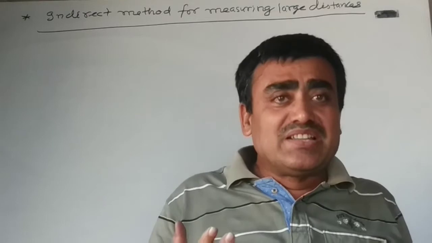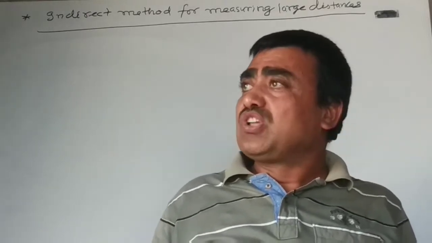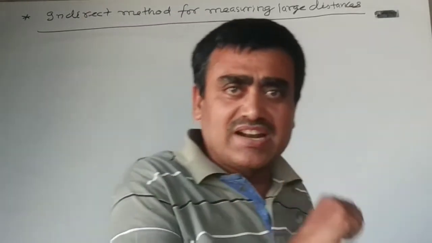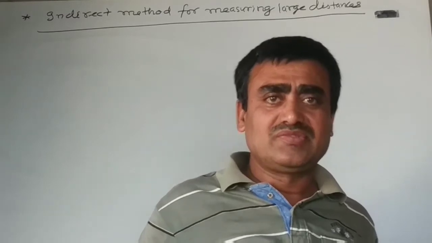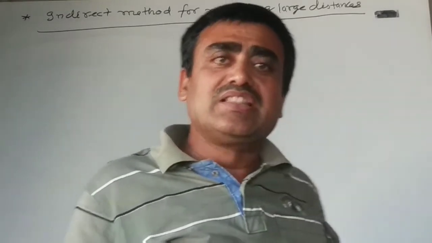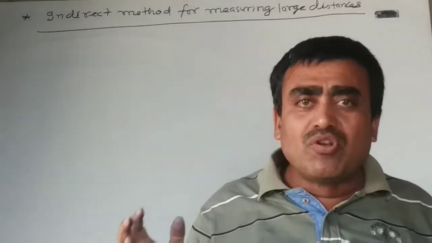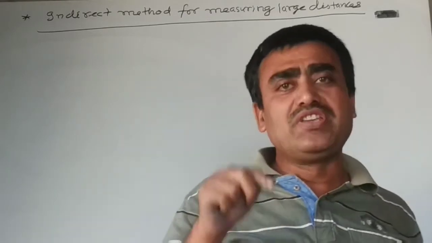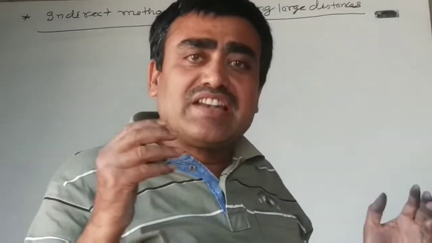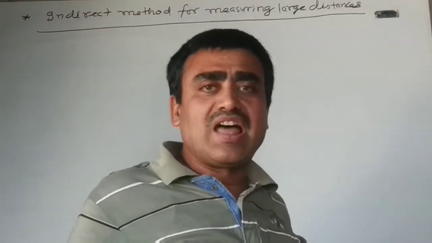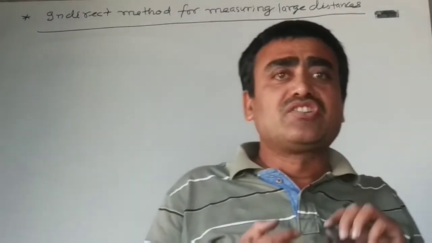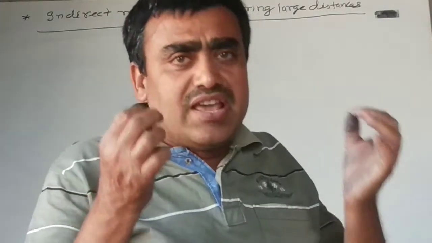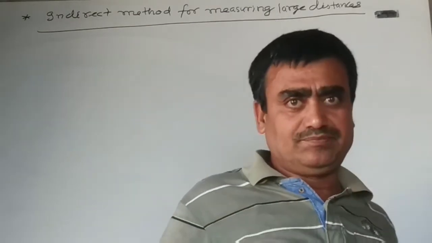Okay, the distance between 2 points on the surface of the earth can be measured directly, but the distance between two heavenly bodies cannot be measured directly. For this we have to use indirect methods like parallax method, trigonometric method, radar method, laser method, etc.